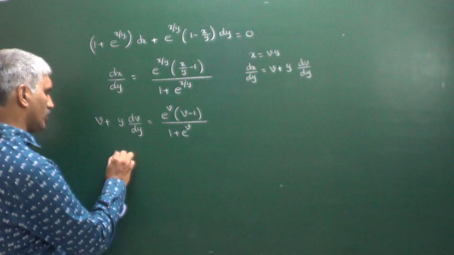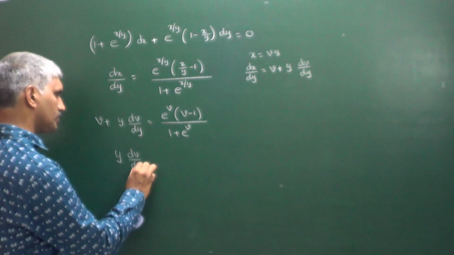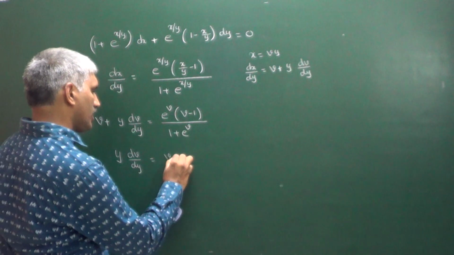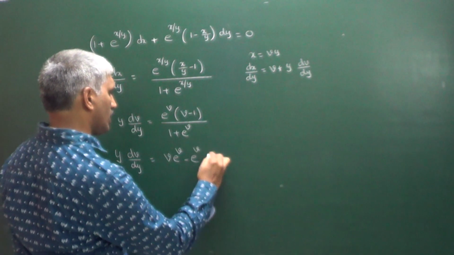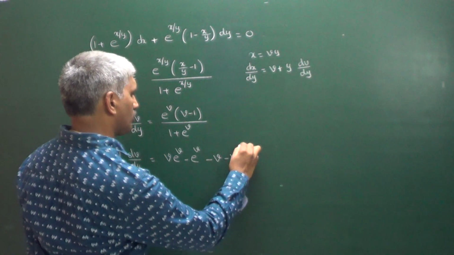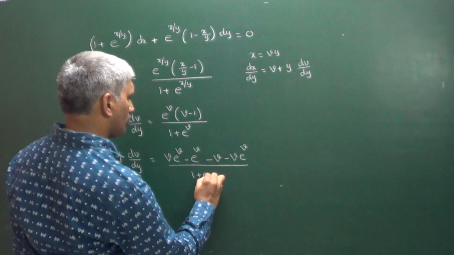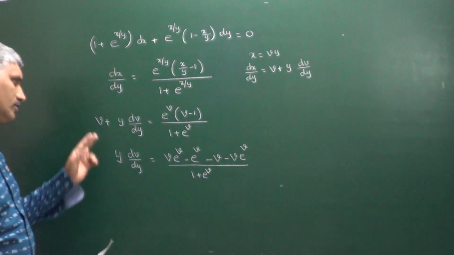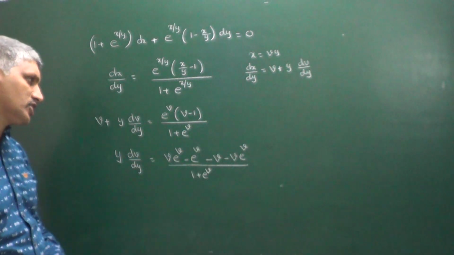Now we can write further y dv/dy = (v e^v − e^v − v − v e^v)/(1 + e^v). This v is shifted to that side. After LCM, this is the simplification we got.